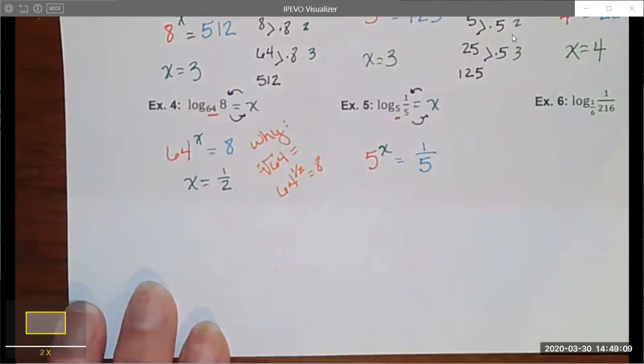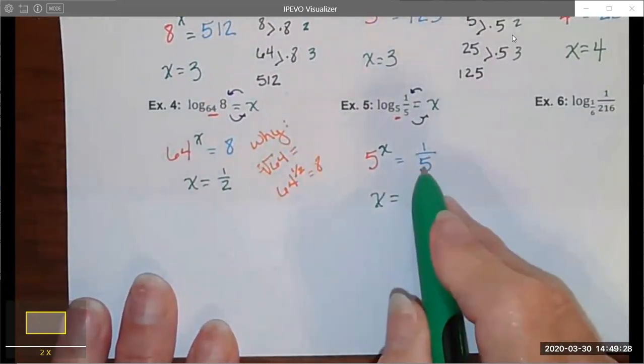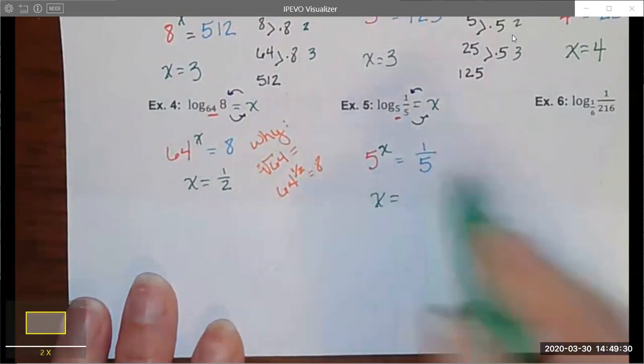And if you look at example 6 on the previous page, that might give you a hint. What we talked about is that when we have negative exponents, it flips my base. So in this case, I am looking for a value of x that makes 5 become 1/5.